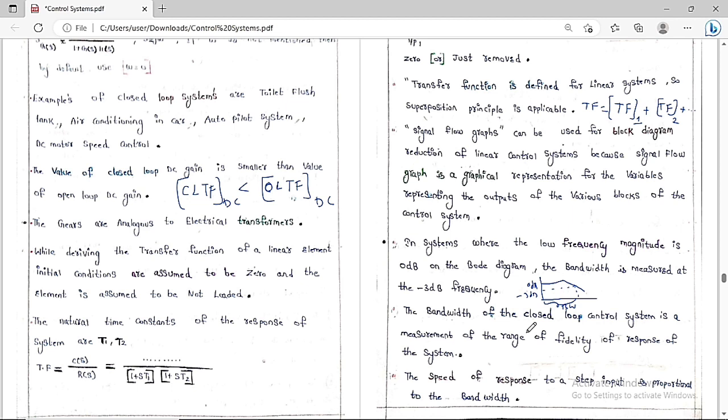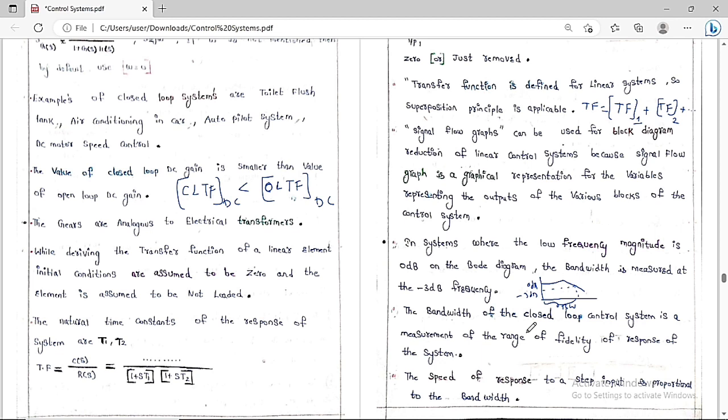So this is a range of the frequencies which are possible with the help of the particular closed loop control system. What I am trying to tell you is very simple. Suppose you take a closed loop control system and you have measured the bandwidth of the closed loop system to be some value. Then you know the output can have a range of frequencies from 0 to the particular bandwidth frequency, or the cutoff frequency.